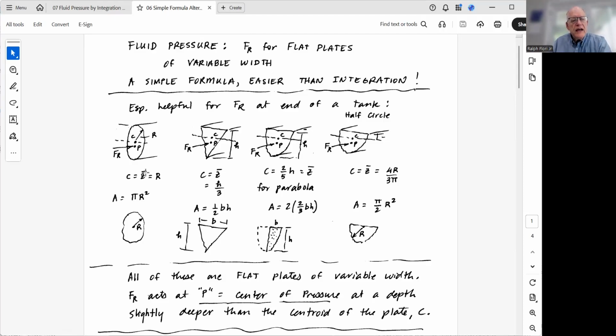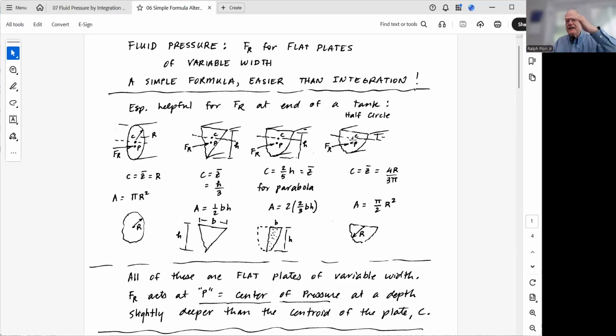Z bar is the depth from the free surface down to the centroid of that shape. The centroid of a circle is just the radius. The centroid of a triangle is 1/3 of h. The centroid of a parabola is 2/5 of h down from the top. And the centroid of a half circle is 4r over 3 pi from the top of the half circle.